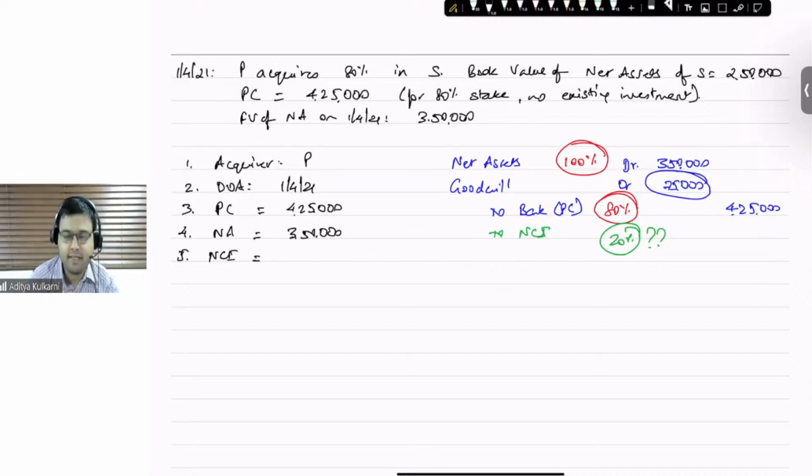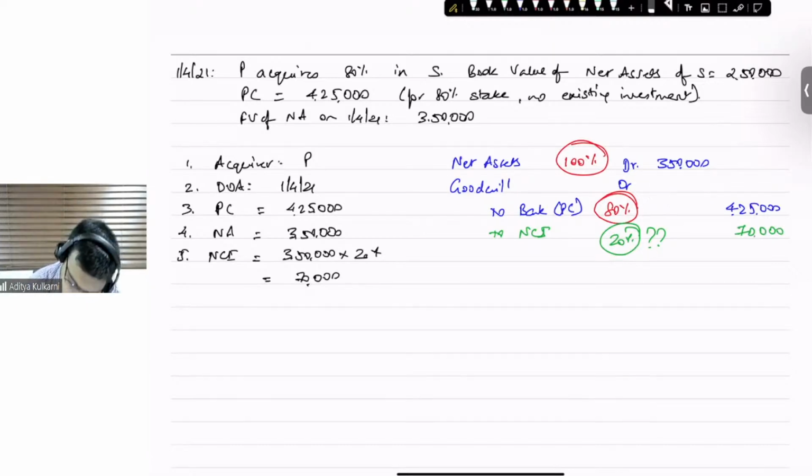NCI represents a stake in the subsidiary. Subsidiary's net assets is 3,50,000. So NCI stake is 20%. So this comes to 70,000. So therefore NCI will be 70,000.